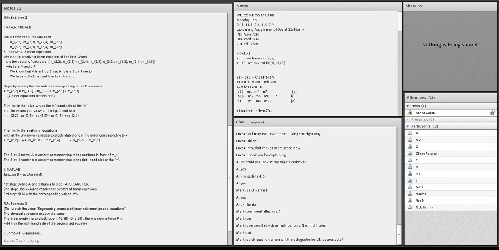A is a 6x6 matrix containing sines and cosines and zeros. T is the 6x1 vector of unknowns. So we want the help of MATLAB to compute T, and B is the vector corresponding to the right-hand side of the equals. So you'll see that it's equal to 0, 0, 0, px, and pz.